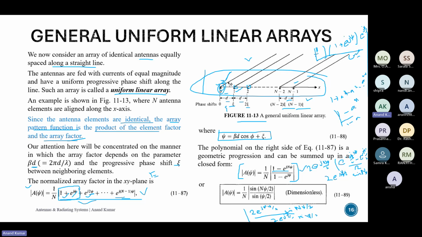And all of this is inside the mod. So e power j n psi by 2 and e power j psi by 2, their magnitude is 1, so they disappear, and we can just cancel these two. We end up with the final expression 1 by n, sine n psi by 2 divided by sine psi by 2. And this is a dimensionless quantity which is known.